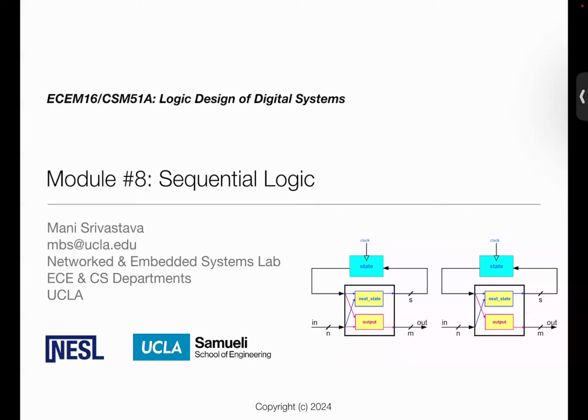Okay, so today we have a shift in gears entirely. Early on in the course, you remember we talked about digital systems which don't have memory. That is, the output depends only on the current input. But then we also have digital systems which are the more general case, where the current output depends not only on the current input to the system, but also the history of the input.